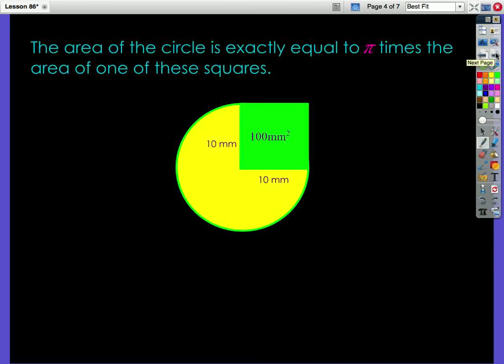So the area of the circle is exactly equal to pi times the area of one of these squares. Remember, pi is equal to 3.14. So about 3.14 of these squares is going to fill this circle.